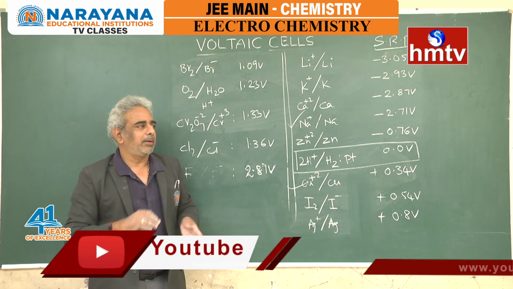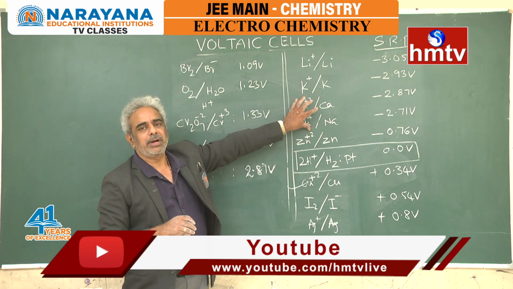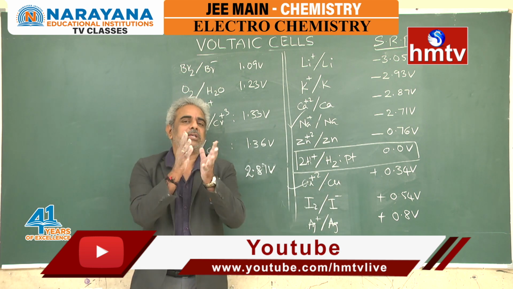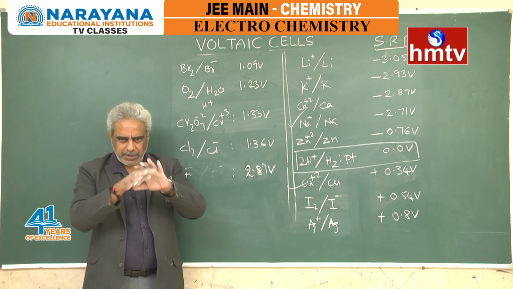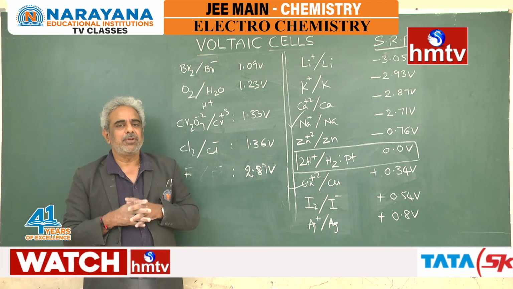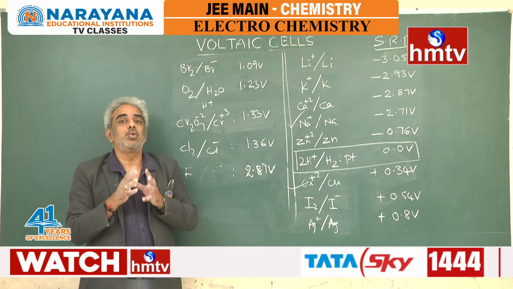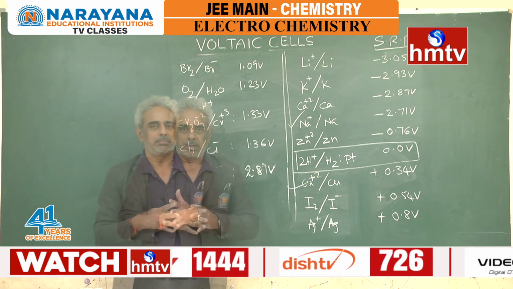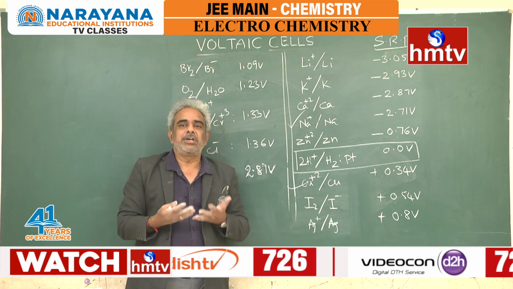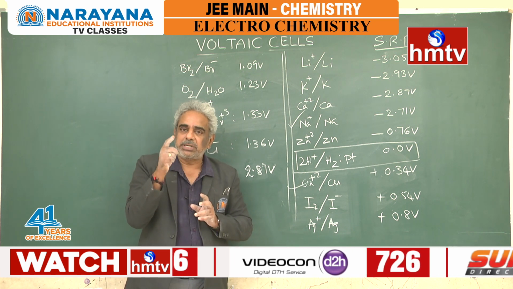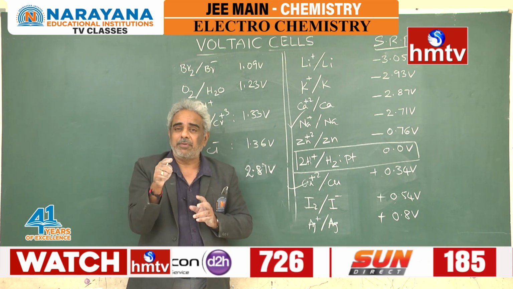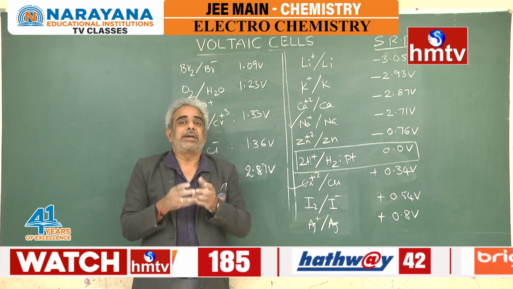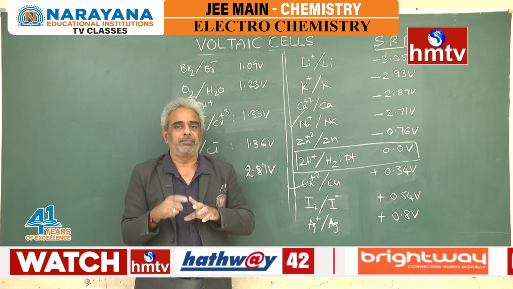How do you compare a metal with negative reduction potential and a metal with positive reduction potential? What do you expect from a metal? As per basic school level definitions, we expect a metal to lose electrons. Losing electrons means oxidation. A metal is expected to have a tendency to undergo oxidation, so its reduction potential should be negative.